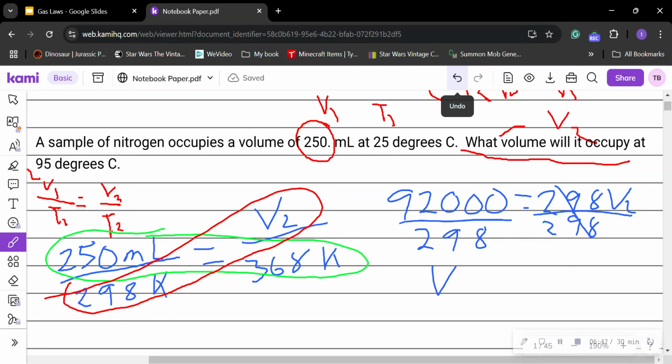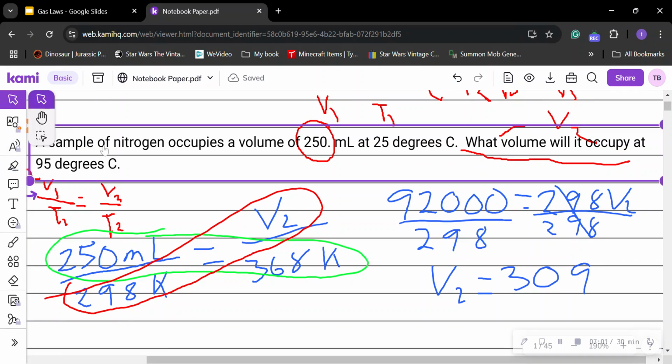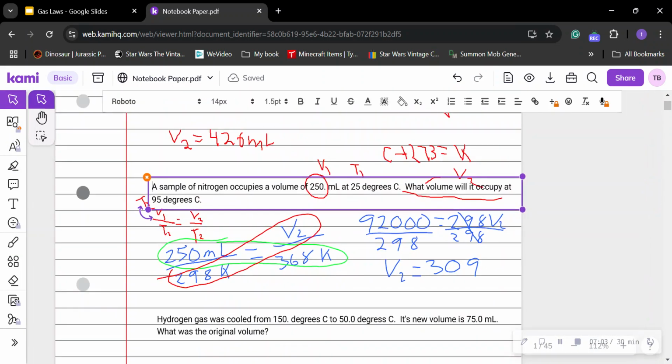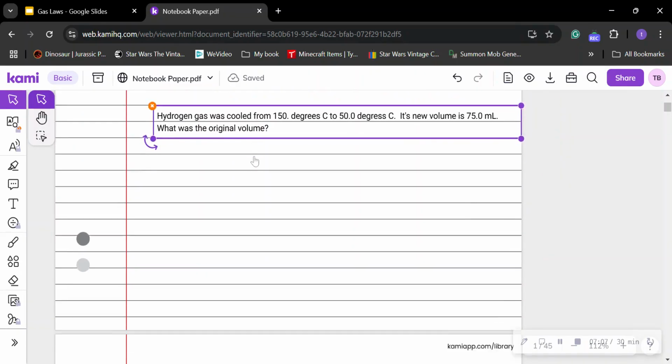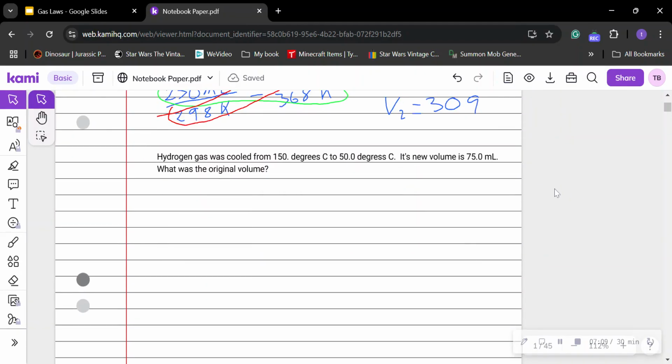Your volume 2 would be, and we have 3 significant figures in this, so we want to round it to 3 significant figures, and we would get 309. So this is the first problem. And now we will move on to the second one.